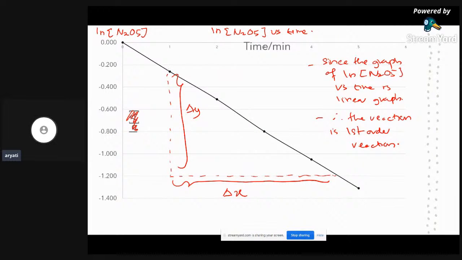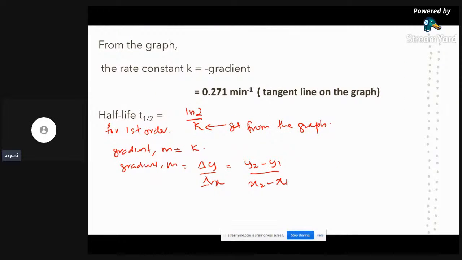So delta y, y2 minus y1 over x2 minus x1. Okay, so kat sini, this is the value for y2. So this is the value for y1. So here is the value for x2. This is the value for x1. Okay, so from the graph, we found that the value of gradient is 0.271.